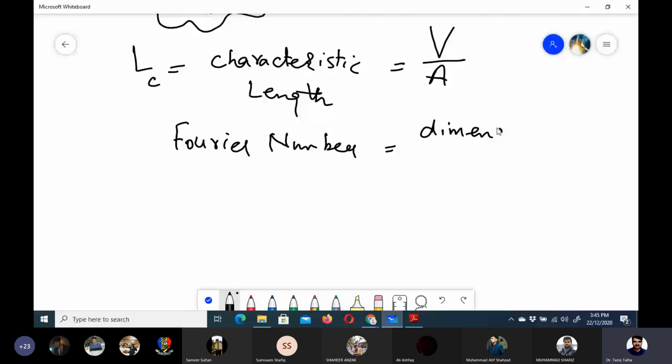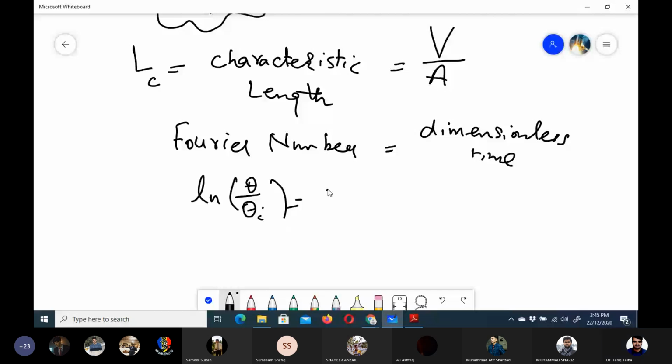So if we write that theta upon theta i formula which we derived in the beginning, we can write log of theta upon theta i is equal to minus hAs upon rho Vc into time, right?